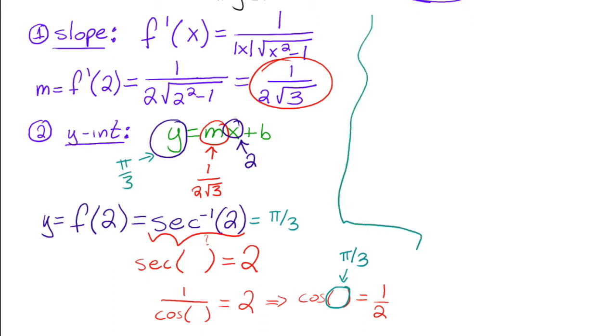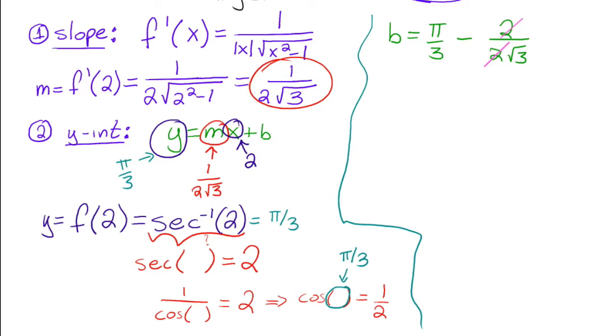Okay, so let me break this up. What I have is that b is equal to pi over 3, and then minus these two terms, which I'm going to move over to the left side. So this is going to be minus 2 over 2 root 3. I can simplify this a little bit by getting rid of those 2's.